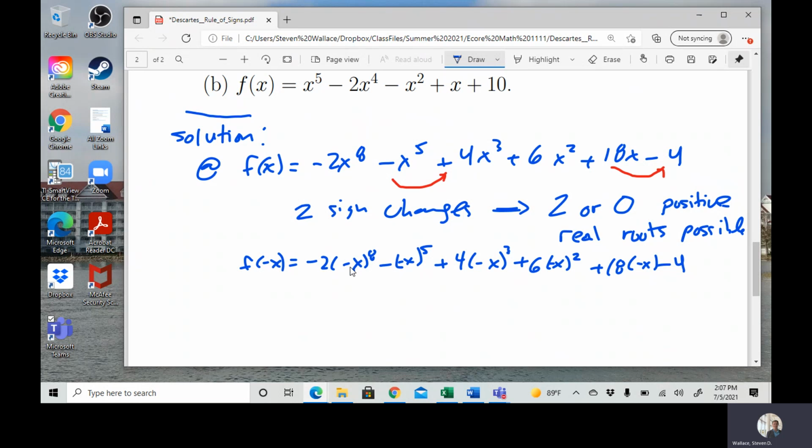But where you have an odd power, so note, negative x all raised to the 8th power is still positive x to the 8th. So it didn't change the coefficient there. It's going to do that here, right? Negative x to the 5th is negative x to the 5th. So negative x, the quantity to the 5th, is equal to, indeed, negative x to the 5th, right? So these are going to cancel.